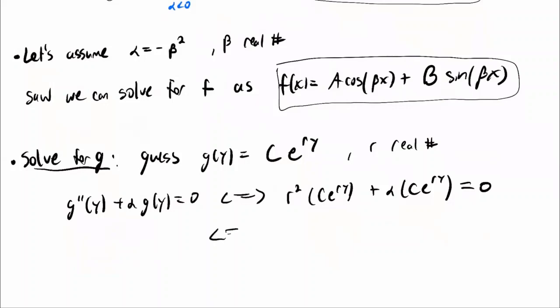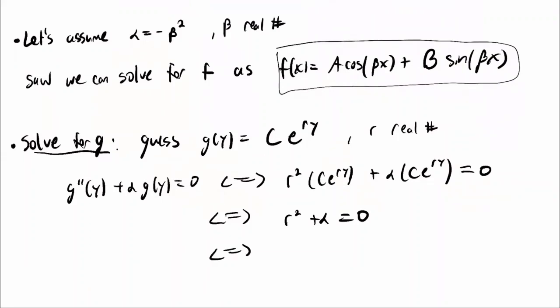And so this tells me that I need r squared plus alpha. Since exponentials are always non-zero, I can now cancel out these exponential terms, and I get r squared plus alpha has to equal 0. This requires that r squared is minus alpha, but minus alpha is beta squared.